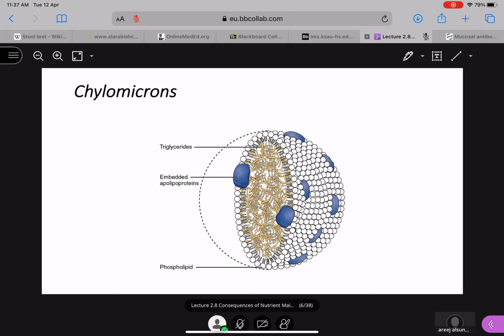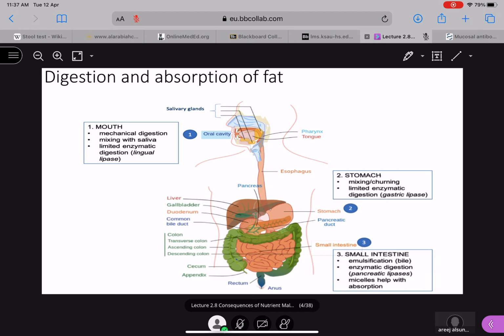So we will move now specifically to fat absorption. To understand steatorrhea and fat malabsorption, we need to understand how we absorb fat. The first part of the digestion of fat happens in the mouth by mechanical digestion by the teeth and by the action of lingual lipase.